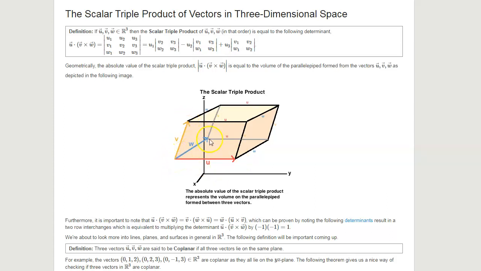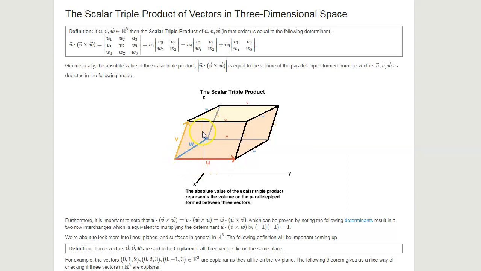Notice these 3 vectors determine not a parallelogram. So u and w, or u and v, or v and w, would determine a parallelogram. But the 3 vectors all together determine what's called a parallelepiped. It's kind of like a box, but the box is slanted over on its side a little bit.